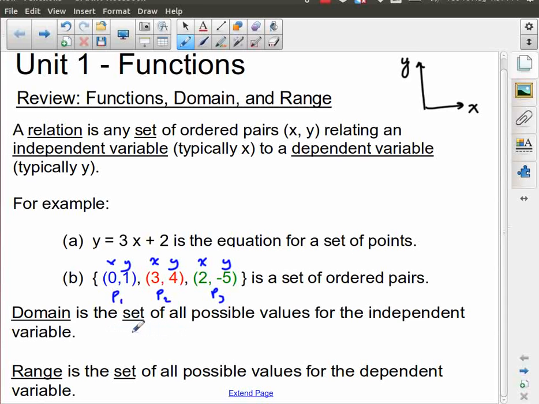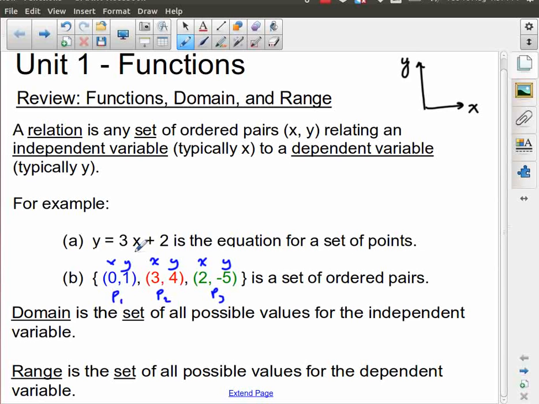Is there any value that I'm not allowed to put in? In this case, this is just the equation of a straight line. Is there any x coordinate that I'm not allowed to put in here? Can you think of any value here that's going to cause some sort of mathematical problem? So that's the first thing you ask yourself. The most common mathematical problem that you're used to dealing with is dividing by 0. We're not allowed to divide by 0.